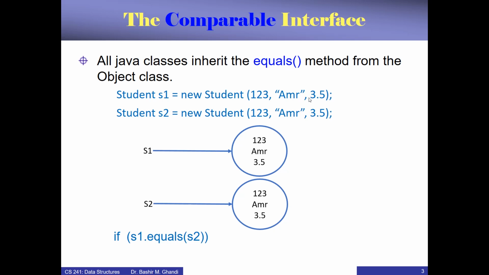Unfortunately, this is not the case, because as I said, the implementation in the Object class compares the two objects s1 and s2 based on their memory location. And since they are in different memory locations, this if statement will return false.